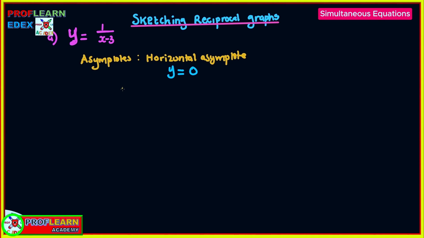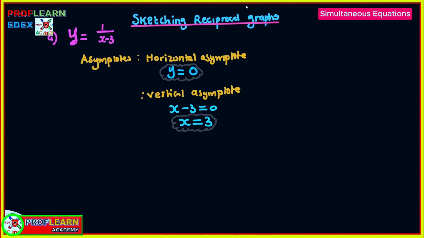It remains plus 0. So the horizontal asymptote is y equals 0, right? And then we have the vertical asymptote. We can see the denominator is x minus 3. So we say x minus 3 equals 0, then we take 3 to the other side. So x equals 3 is the vertical asymptote.